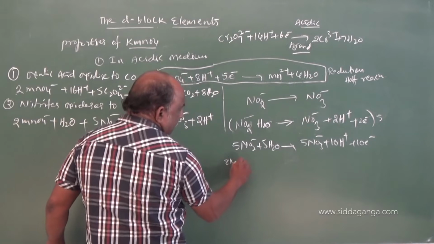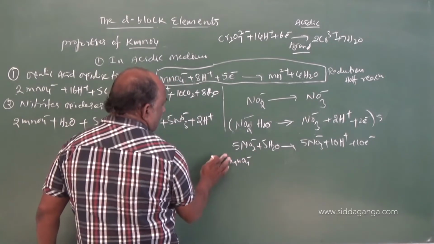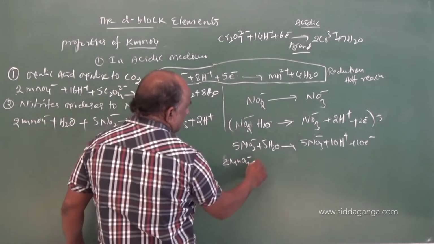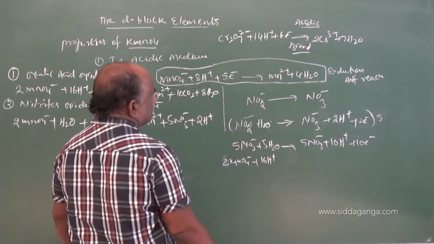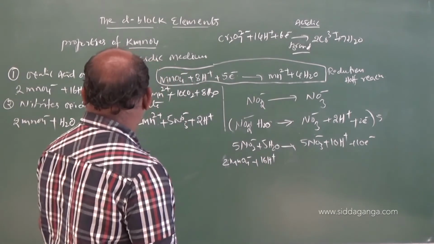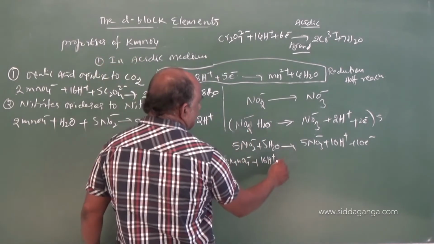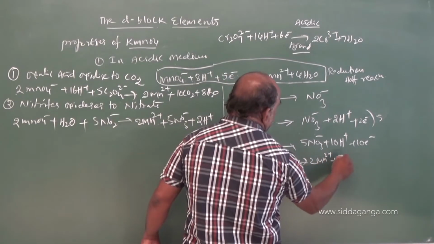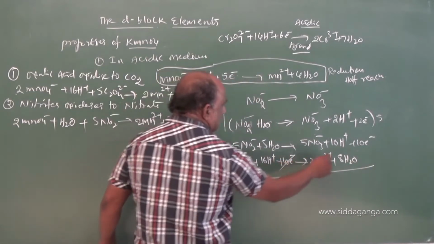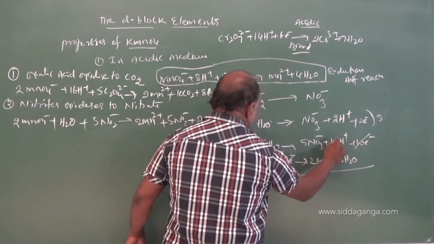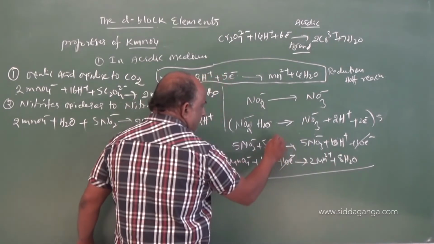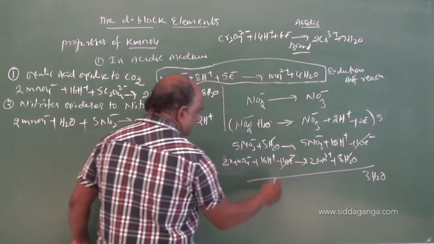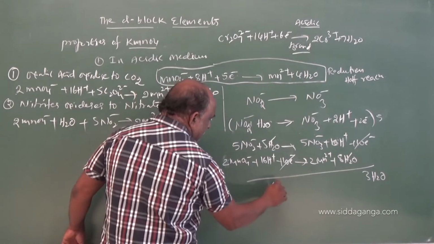What is the standard equation? 2MnO4 minus, multiplied with 2, plus 16H plus plus 10 electrons gives rise to 2Mn2 plus plus 8H2O. Adding these two, the 10 electrons get cancelled. 5H2O and 8H2O means 3 H2O will be on the right side, and 16H plus and 10H plus means we get 6H plus on the left side.